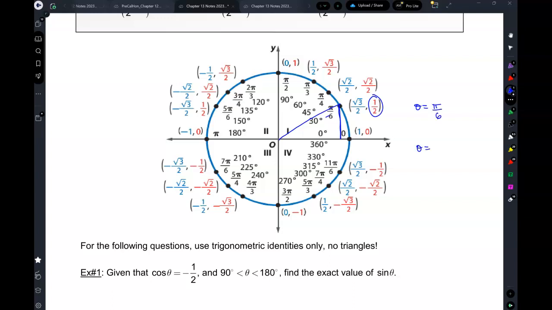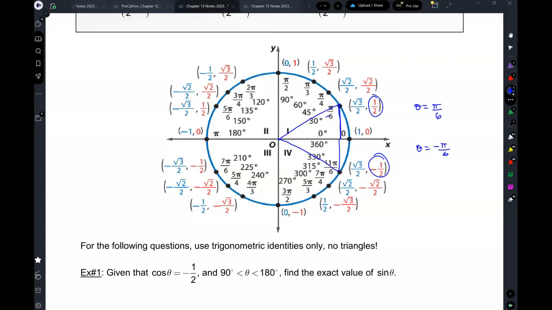Where is the negative of that angle? Negative pi over 6. That's right there. What's the sine of that? It's the same distance, but down this time, so it's a negative. So when I change the angle from positive to negative, or vice versa, because sine is the y value, it gets reflected and the sign will switch. So here, sine of that angle will be positive.